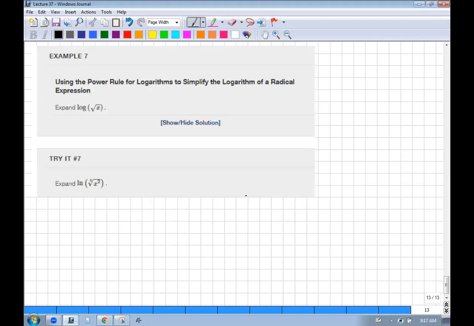Okay. This is square root of x, which is an exponent of 1/2. And bring the 1/2 out front. This is x to the 2/3, right? It's x squared to the 1/3. So we could write this as 2/3 natural log of x. Just bring the 2/3 out front.